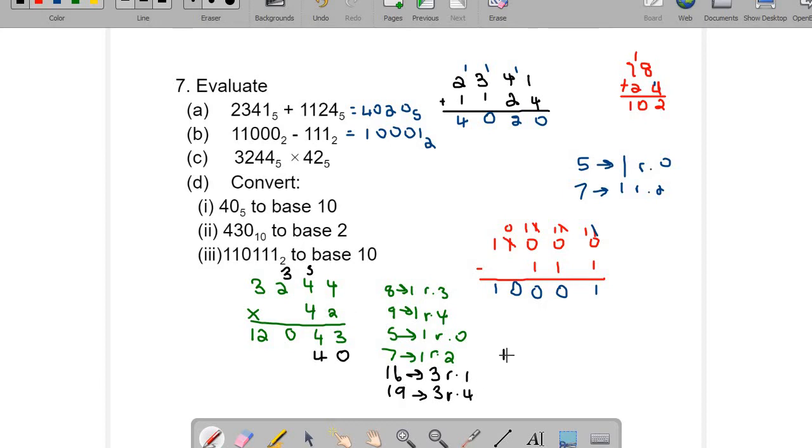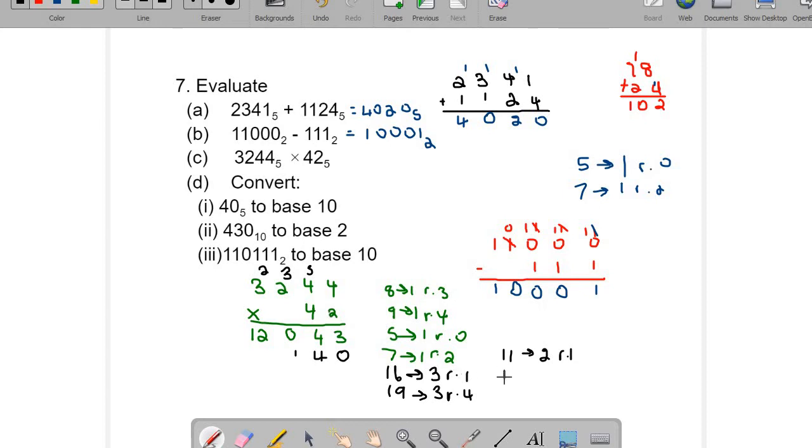We can't write 11, so we're going to write that as a base 5 number. Okay, so 2 groups of 5, remainder 1. So we're going to write the 1 and carry 2 to the next place value because there are 2 groups of 5. Okay, last one. We have 3 times 4 is 12. 12 plus 2 is 14.